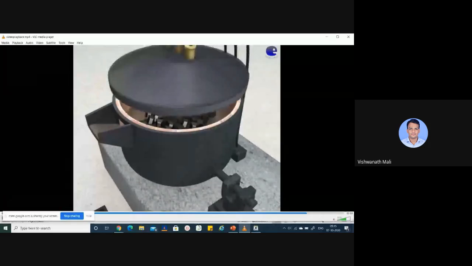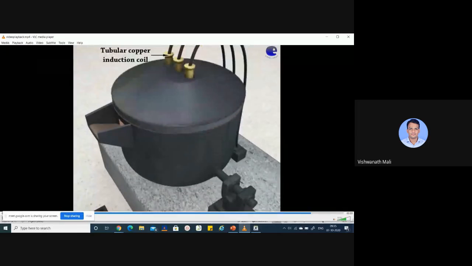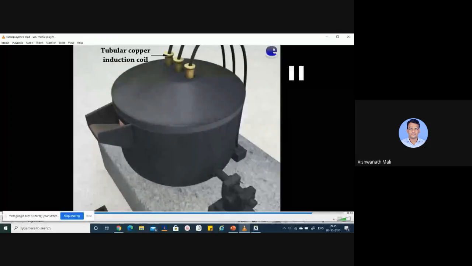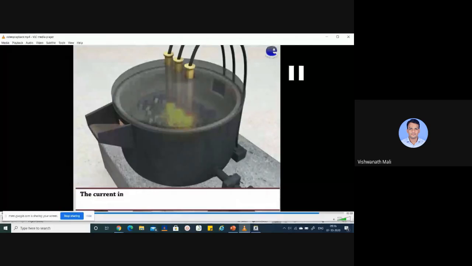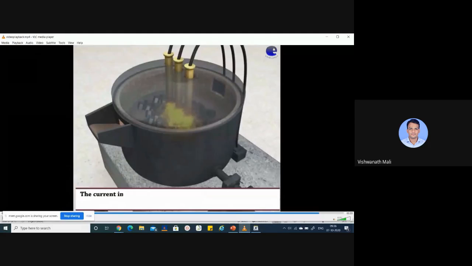Then we close this roof, and that contains graphite electrodes. We give the electric supply to this electrode, and what happens? It generates sparks. As it generates the sparks, it will generate heat, and that heat is used to heat our scrap. As it is heated, it gets converted into molten metal.